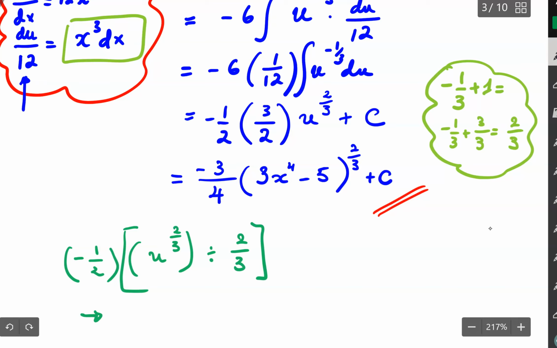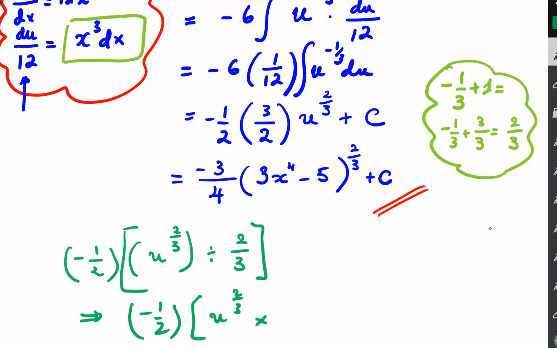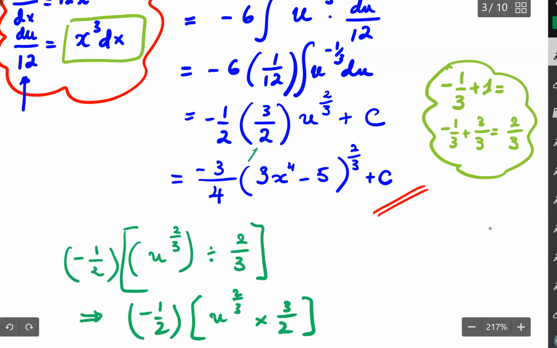So you invert this fraction and change that into a multiplication. That's why I said dividing by 2 over 3, you multiply by 3 over 2, and you actually write it in here as a shortcut. So dividing by 2 over 3 means that you multiply by the reciprocal of 2 over 3, so you multiply by 3 over 2.